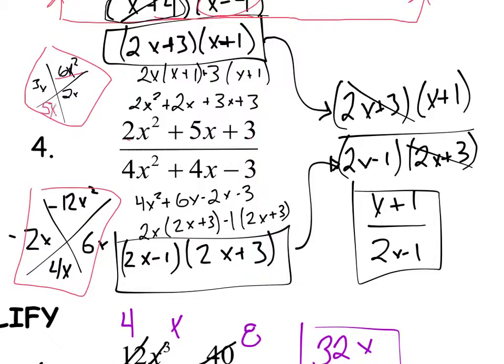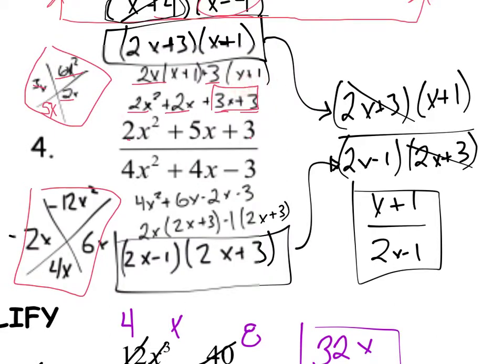And what makes 5x but multiplies to 6x squared? 3 and 2. So I put those in there, put my 2x with my first term, and my 3x with my last term. Then I factored out what I could, which was a 2x from the first terms, leaving me with an x plus 1. And if you factor out a 3 from this, then you get also x plus 1.